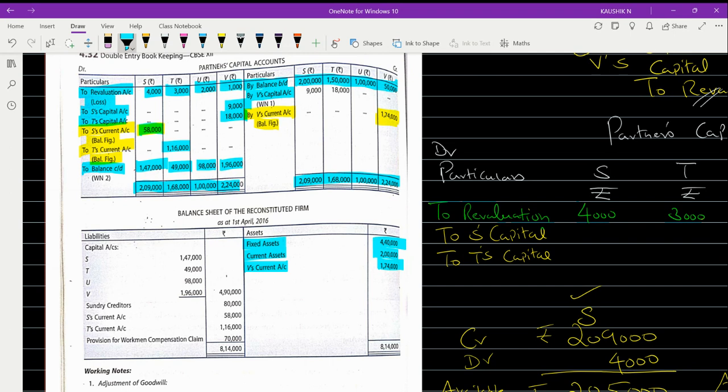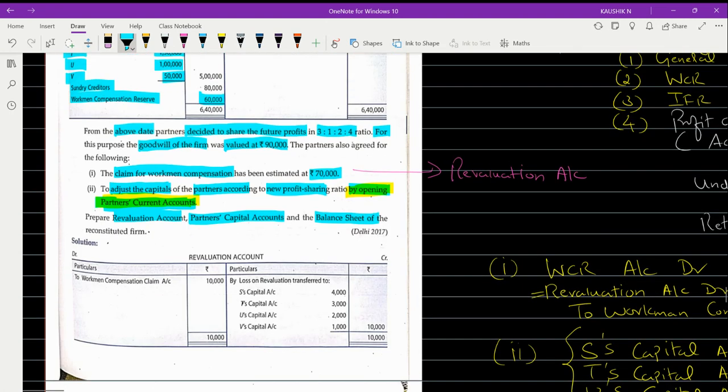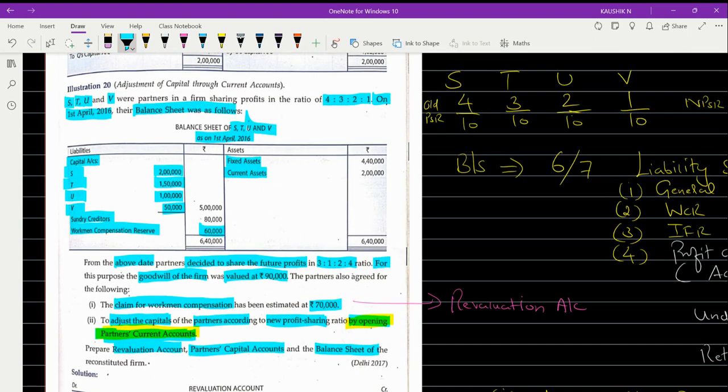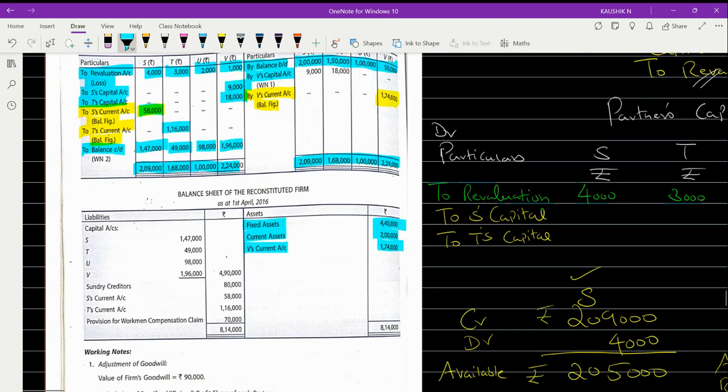So do not forget to bring V's current account because he is bringing an amount of rupees 1 lakh 74,000. Then on the liability side, whatever is mentioned, capital and sundry creditors, these two you are going to show first.